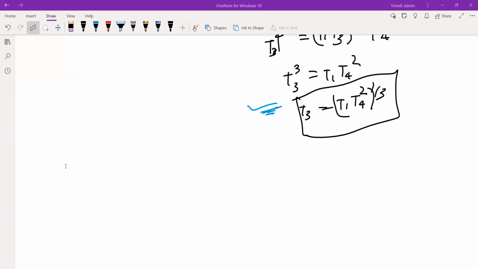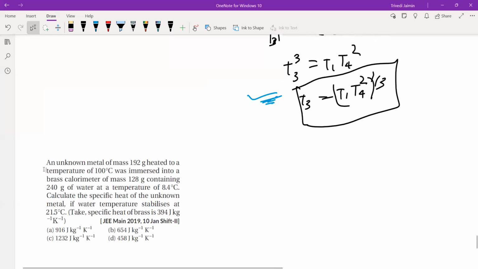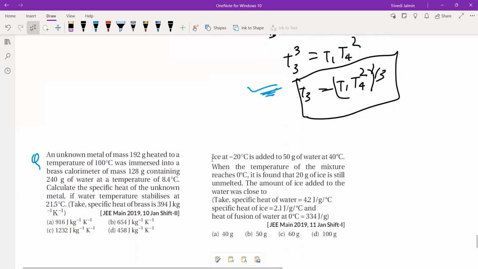It's about calorimetry. Try it as homework. Question 1. Actually, calorimetry questions are very calculative, so have patience while solving.